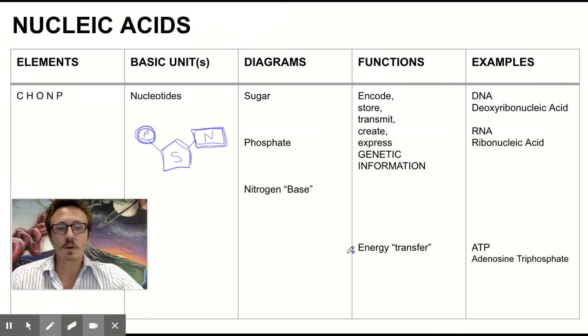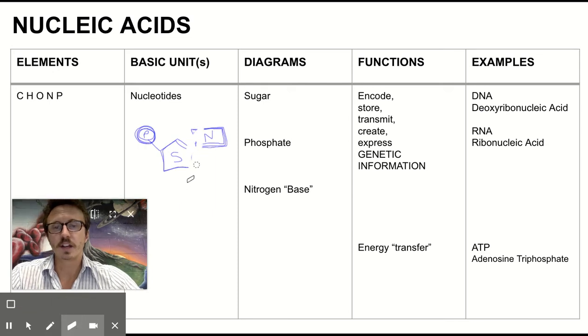And they can also play a role in energy transfer. Certain nucleic acids can act like little batteries that get charged up and used in other parts of the cell for various functions. And some examples of these genetic related or gene carrying or transmitting or transcribing compounds are DNA and RNA, and then our little energy transferring battery, ATP, that we'll talk about here in just a second.